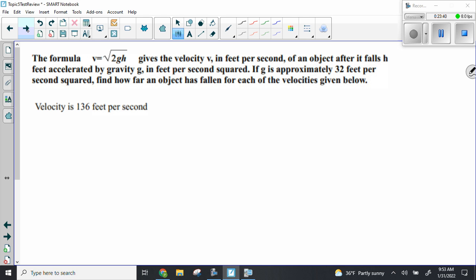So what in the world are we being asked for? It looks like we're trying to find how far an object has fallen, right? And it says an object after it falls h feet. In other words, this is asking us to find h, or solve for h.